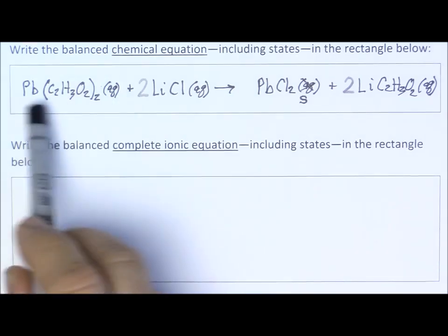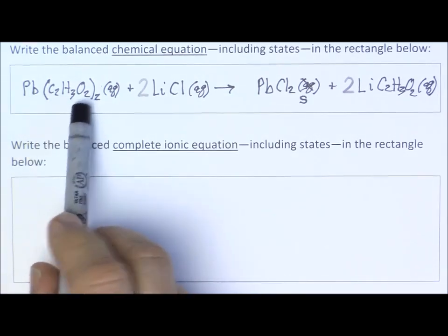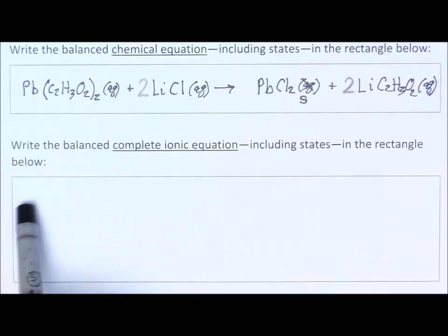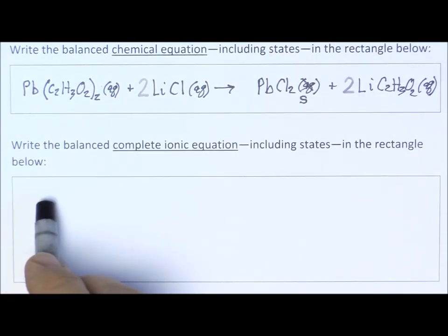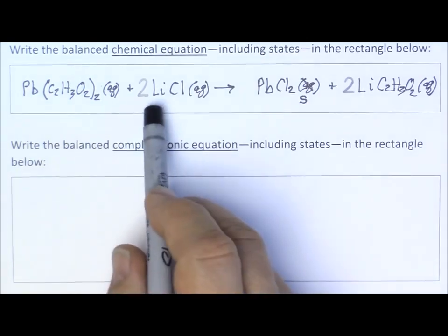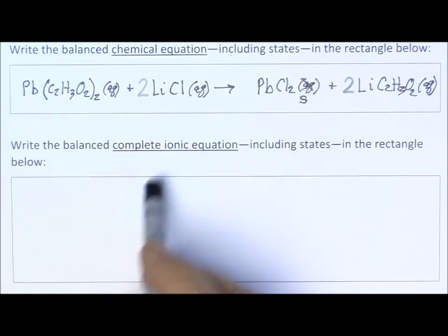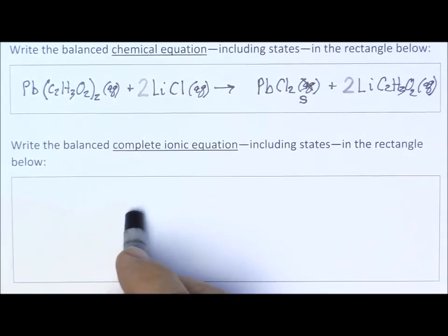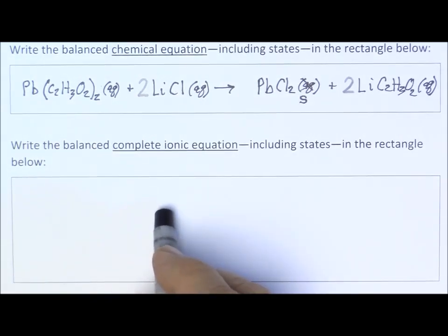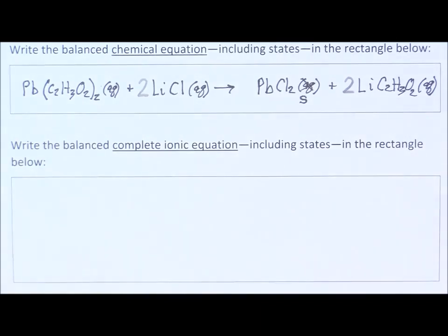So for example, lead 2 acetate. Well, that's aqueous. So down here I would have a lead plus 2 ion and 2 acetate ions. Lithium chloride is aqueous. Down here I would have 2 lithium ions and 2 chloride ions. So let's get started with that.